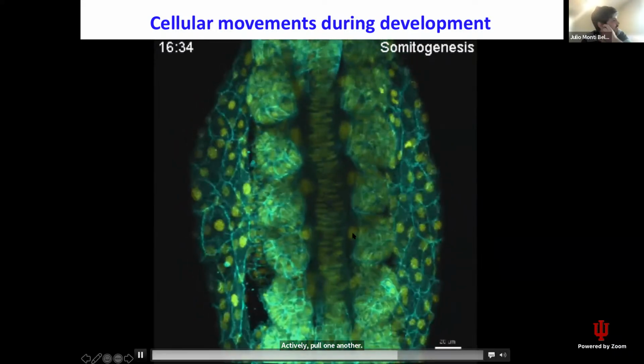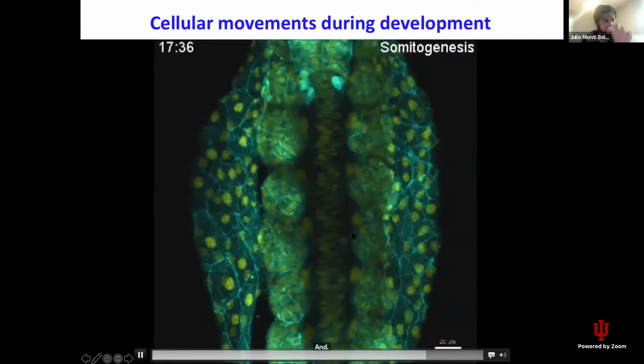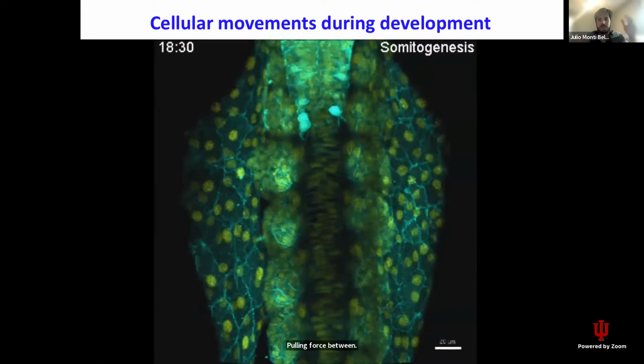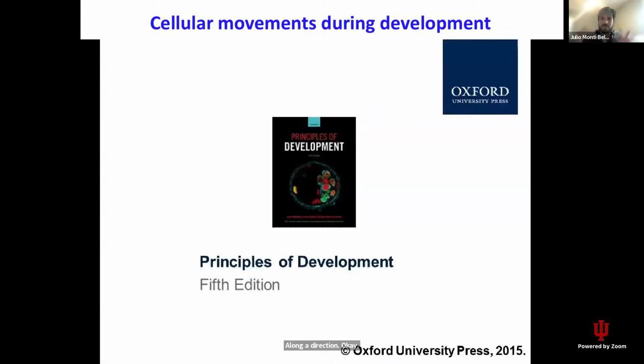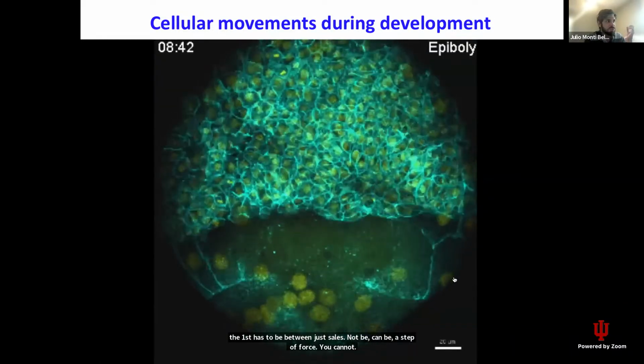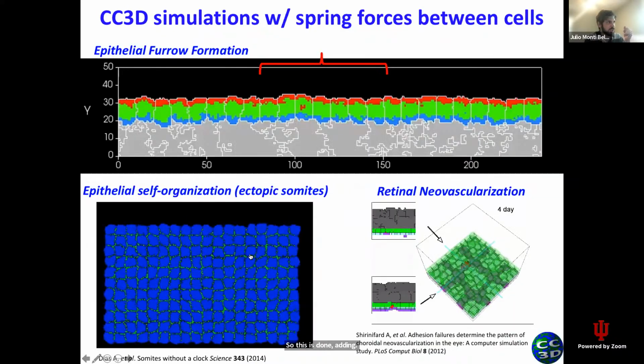And so you actually add a pulling force between the cells along a direction, okay? And the force has to be between two cells, it cannot be an external force. You cannot achieve this with only cell migration, okay? So this is done by adding spring links between the cells, okay?